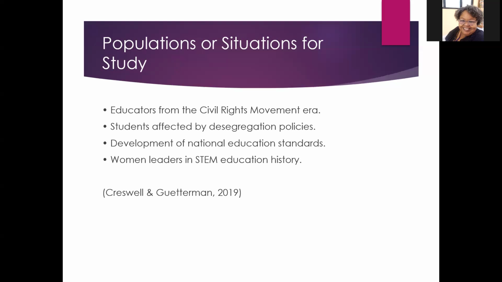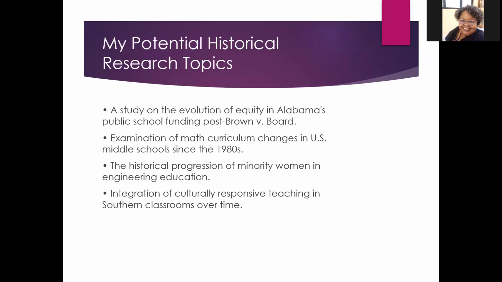Who could you study? Educators from the civil rights movement era, students affected by desegregation policies. You could look at developing national education standards. We could look at women leaders in STEM education and their history. Those are some things that we could look at with the historical study.